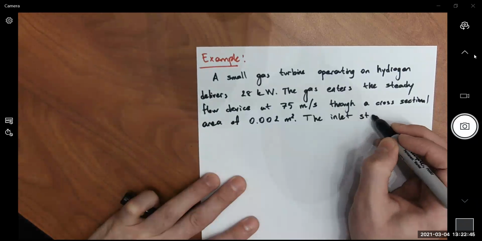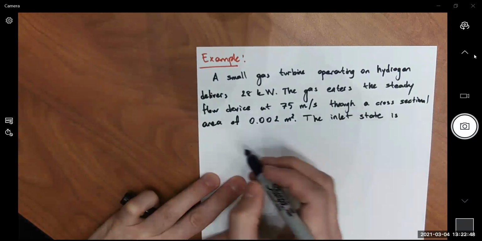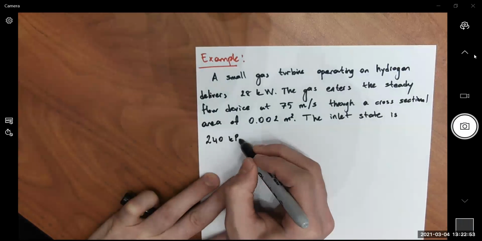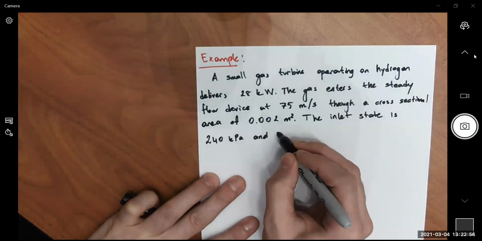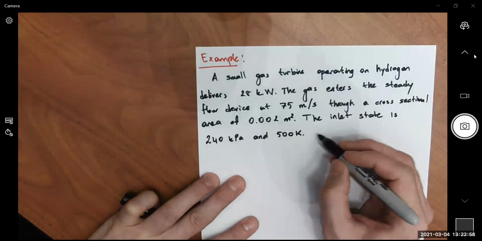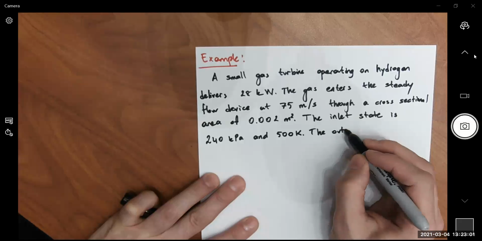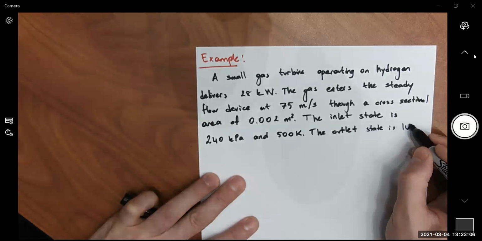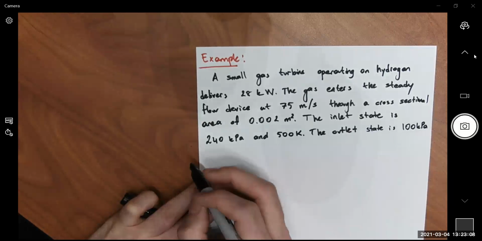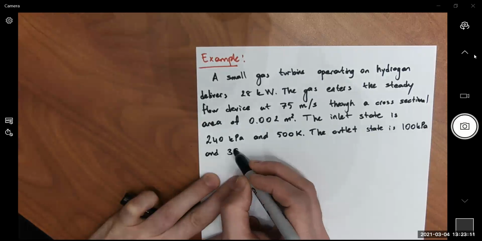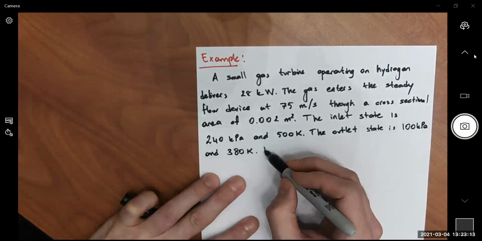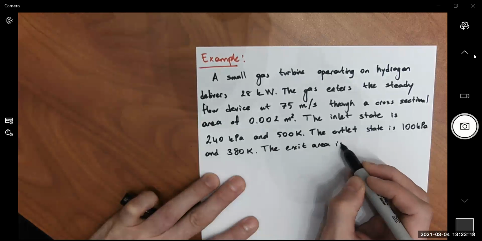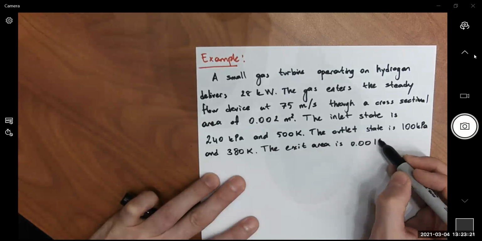The inlet state is 240 kilopascal and 500 Kelvin. The outlet state is 100 kilopascal and 380 Kelvin. The exit area is 0.0016 meters squared.